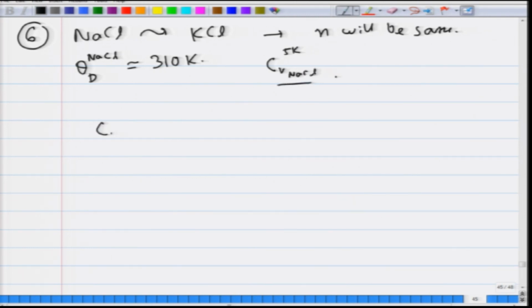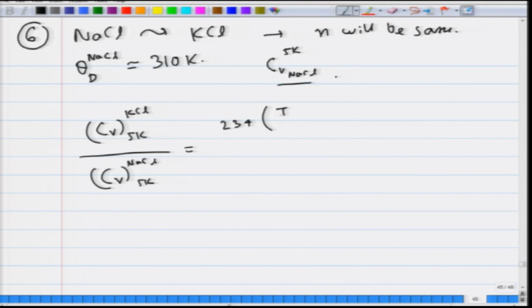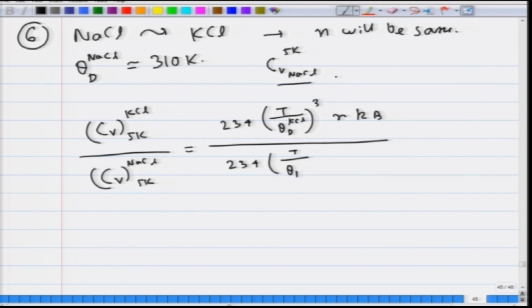Simply Cv at 5 K of KCl by Cv at 5 K of NaCl is 234 T by theta d of KCl whole cube n kb by 234 T by theta d of NaCl whole cube n kb.